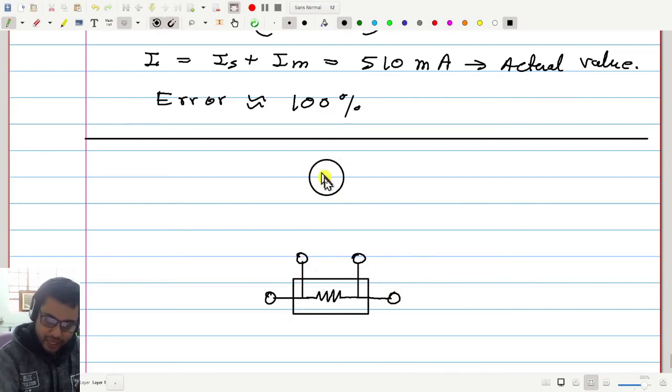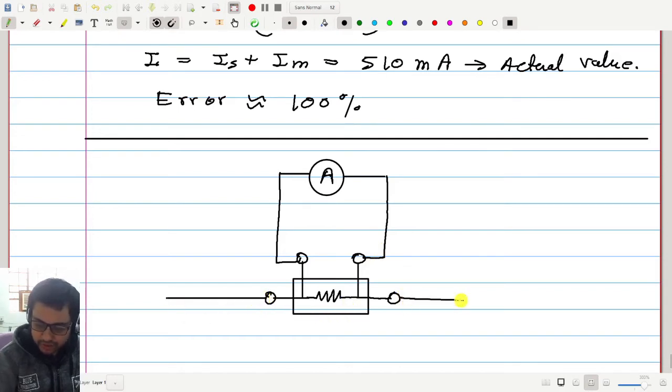Here I have my ammeter, and the way I will connect is this. I will connect the ammeter here, and these two will be connected to the external circuit, and we are measuring this current. Here also I.